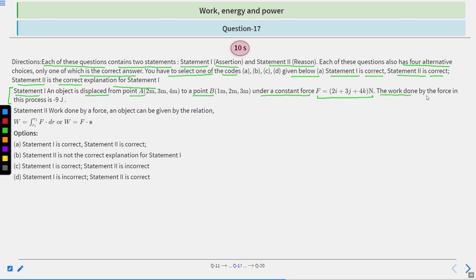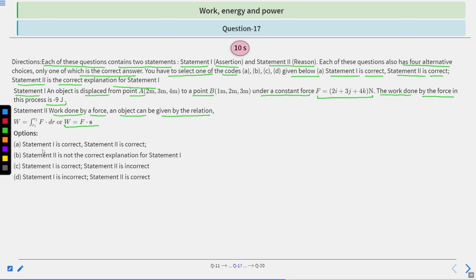The work done by the force in the process is minus 9 joule. Clear? And statement second: work done by the force on an object can be given by the relation W equal to integration R1 to R2 F dot dr or W equal to F dot S. Clear? So which statement is correct?